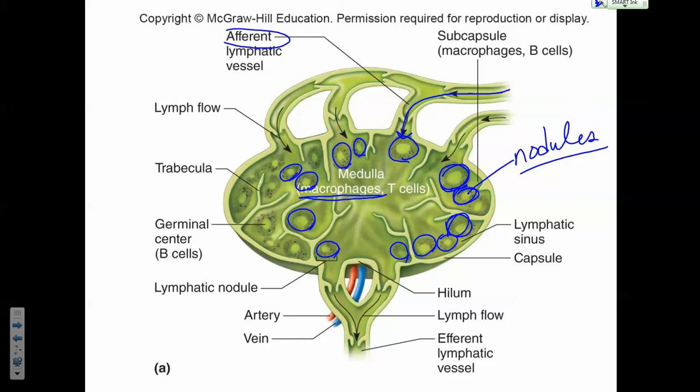Afferent means towards. And then it flows through here. And then macrophages and lymphocytes can act on any foreign things that might be in that lymph. And so then it comes out of the lymph node by way of the efferent lymph vessels. And now it's cleaned up a little bit. Okay. The outer covering is just a fibrous capsule.